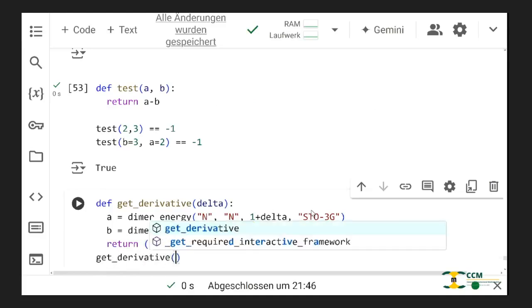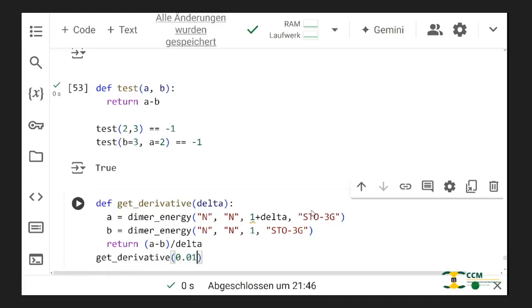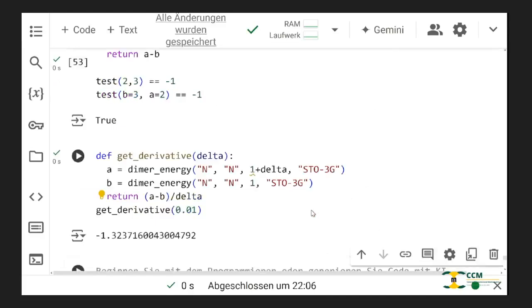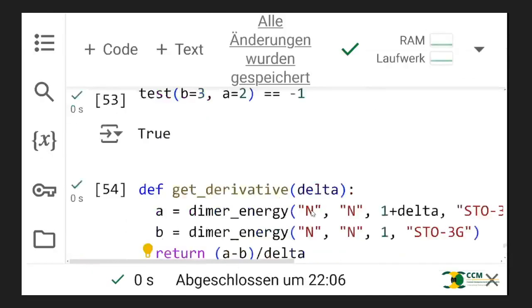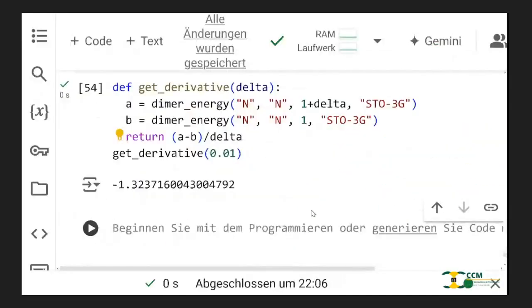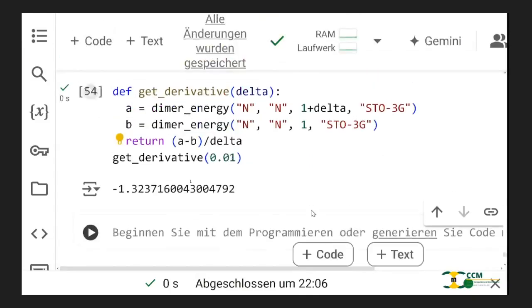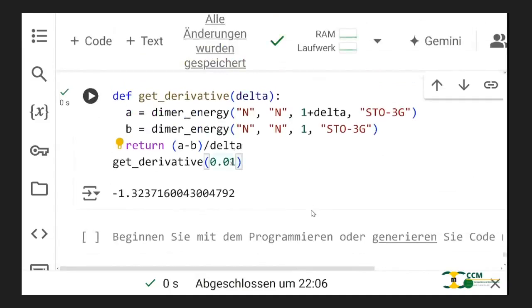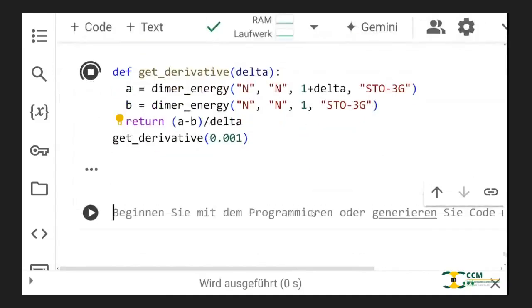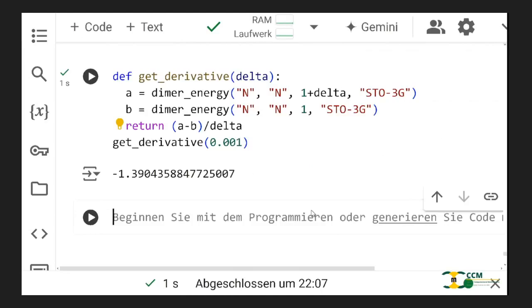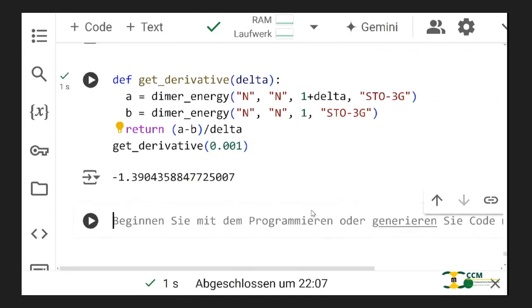So get derivative of 0.01, just have something small, is minus 1.32, that's roughly the correct value. All right, so now we have something where we can put different values of displacements, and we get slightly different derivatives.